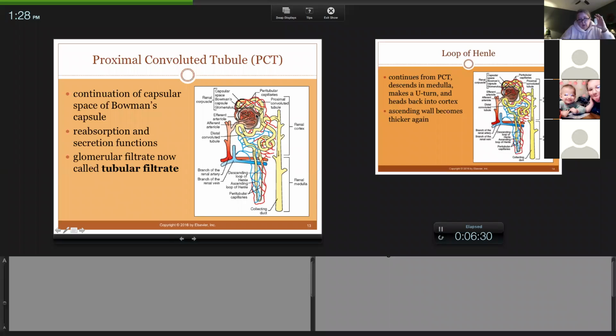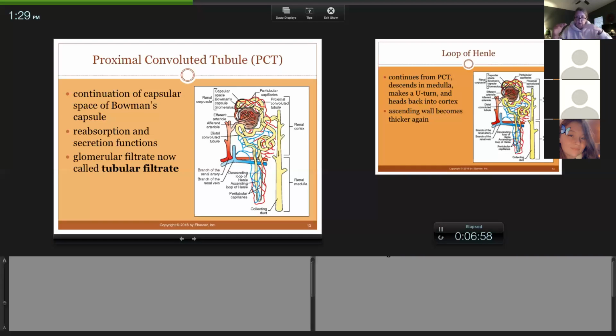So now the glomerular filtrate is going to move into the tubules, and it's now becoming tubular filtrate. Once it leaves the glomerulus, once it leaves the Bowman's capsule, it now becomes tubular filtrate. Now, at the level of the PCT, this is where secretion and reabsorption are going to occur.